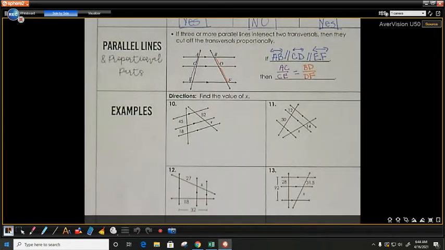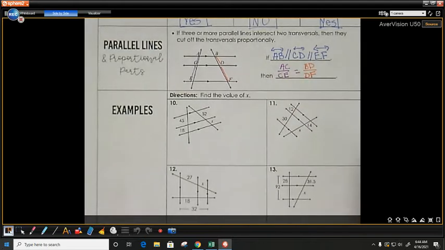Okay? So we're just going to use this to help us figure out different values.